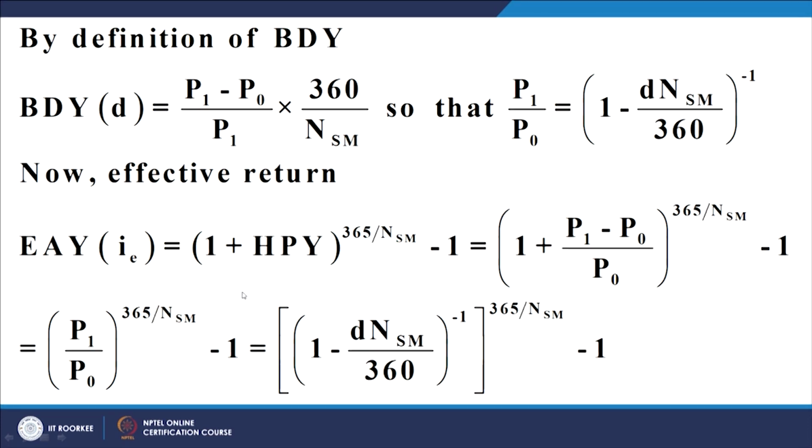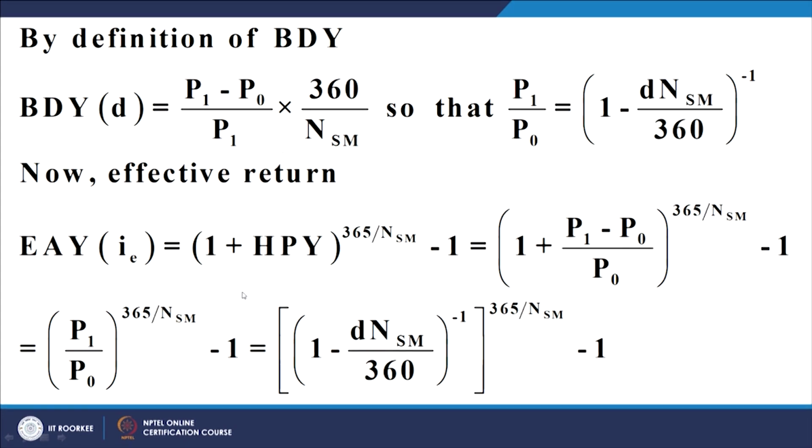Then this slide gives you the relationship between the banker's discount yield and the effective yield. This is a very important formula, but again the working is quite straightforward, simple algebra, nothing more. The banker's discount yield is given by P1 minus P0 upon P1 into 360 upon NSM, where NSM is the holding period.